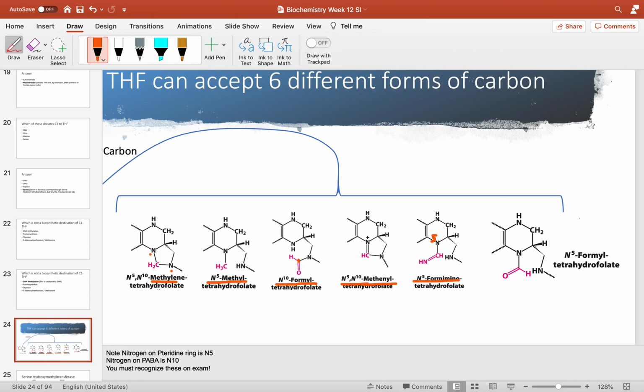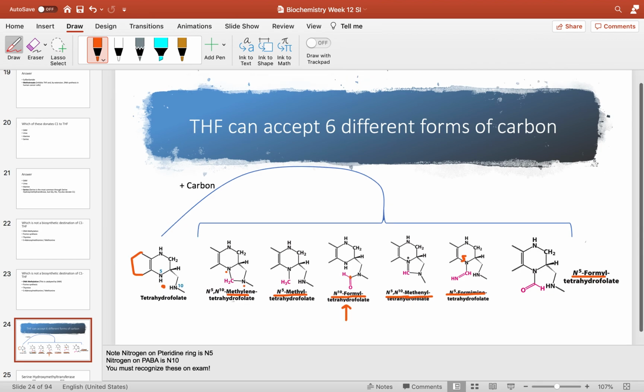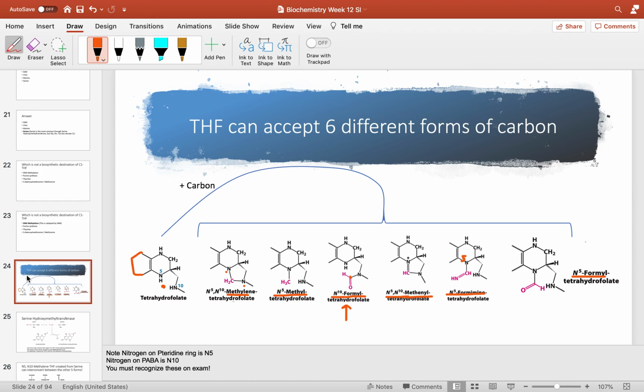So in this case, it's attached to N5. So it's N5 formyl compared to this one, which is N10 formyl. So you see in this case for formyl, it can appear on either one of these nitrogens. So you have to really specify the nitrogen it appears on when naming it. You do have to know these 6 for the exam, and I will test you on them right now. So just keep that in mind, okay?